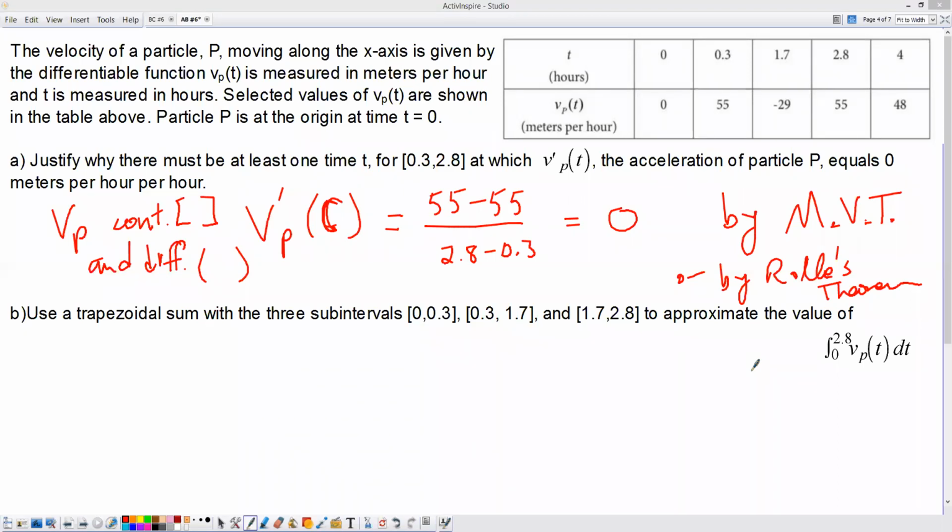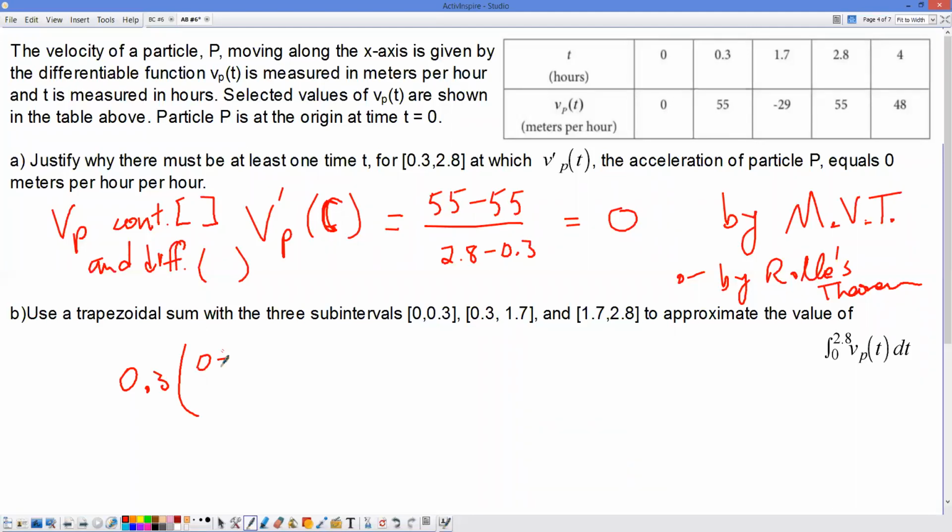All right, so part B, we want to use a trapezoidal sum with 3 subintervals to approximate the value of the integral from 0 to 2.8 of V. Since these subintervals are not equal, we just need to find the area of each piece. The part from 0 to 0.3 has a length of 0.3, and then base 1, which is 0, plus base 2, which is 55, divided by 2.